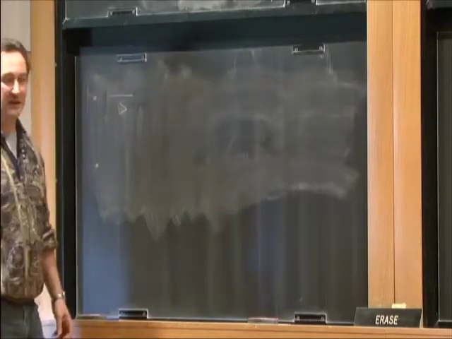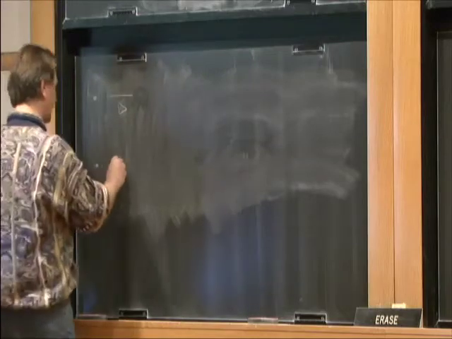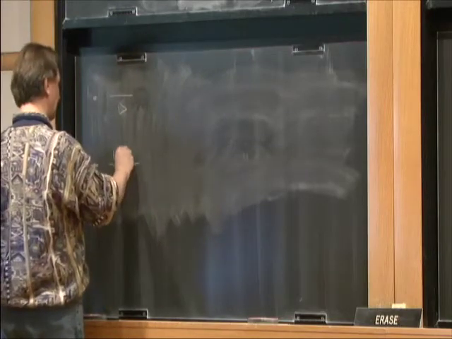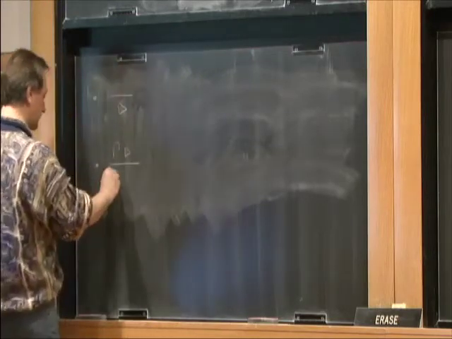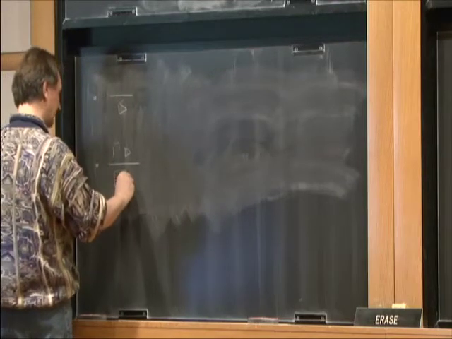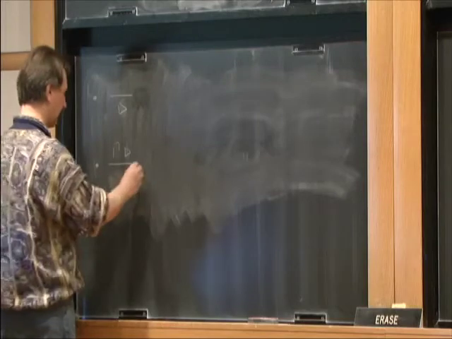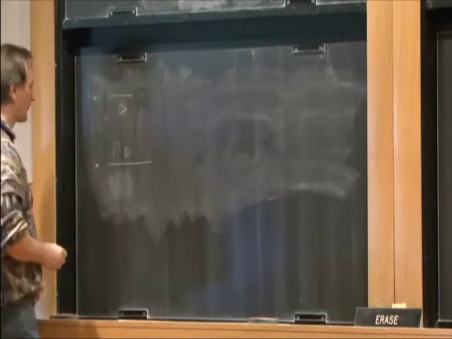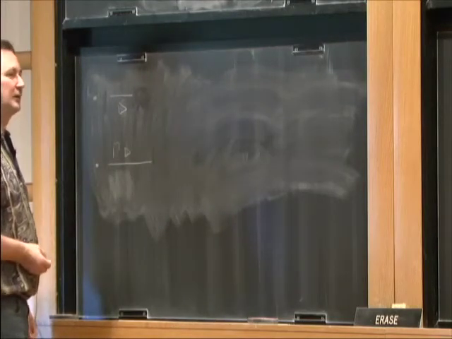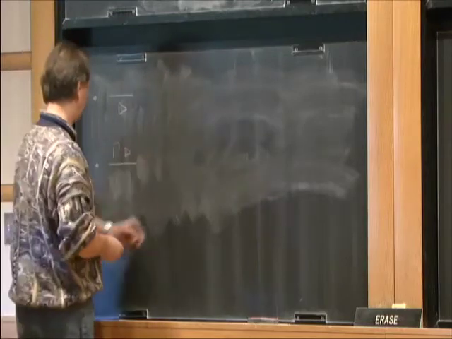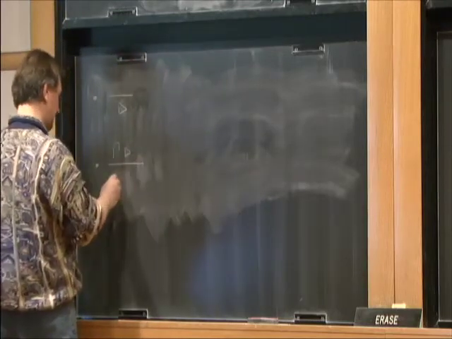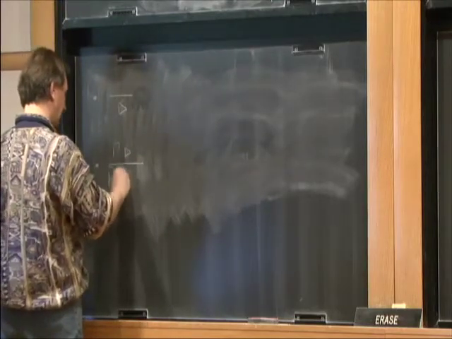Now, I want to say that given a context gamma, I can add to it gamma, X, type.